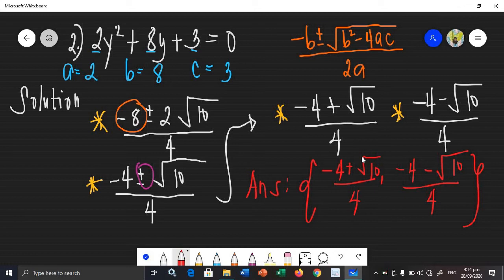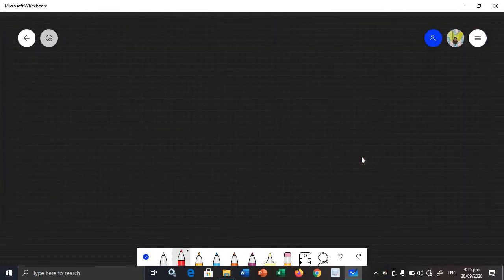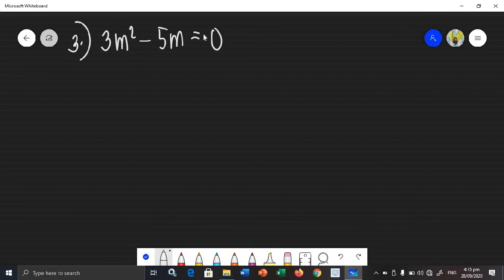And then, let's say we will solve another example, no? Kasi medyo madae talaga na kayang solvein itong quadratic formula. Therefore, there are a lot of possible answers na mangyayari. So, let's say we have example number 3, and the given is 3m squared minus 5m equals 0.